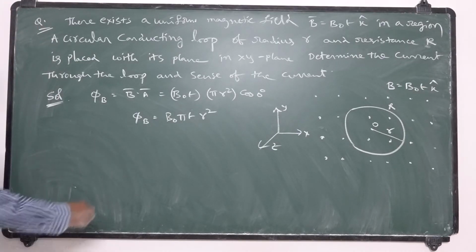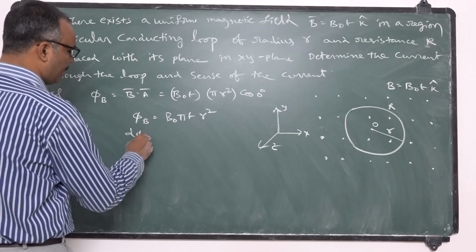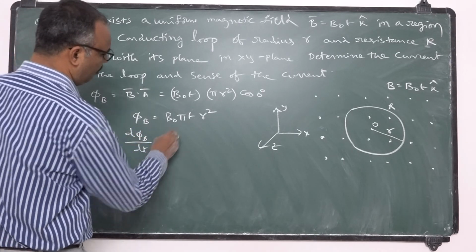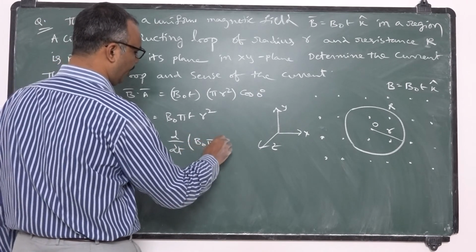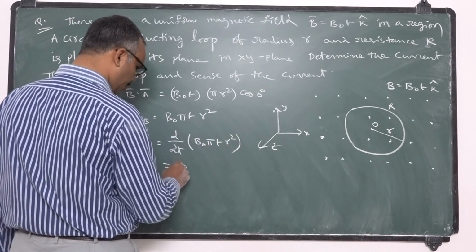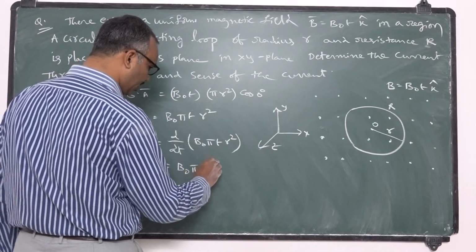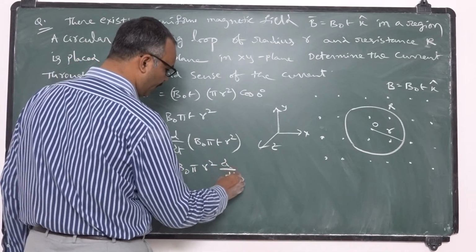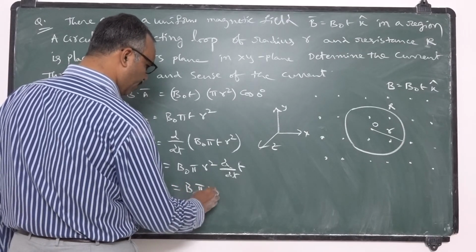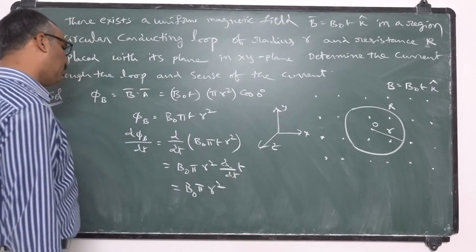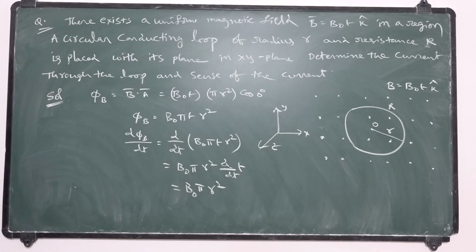Now d phi B by dt is d by dt of B naught pi t r square. Here B naught is constant, pi is constant, r square is constant, and the derivative of t with respect to t is 1. So B naught pi r square is the rate of change in magnetic flux.